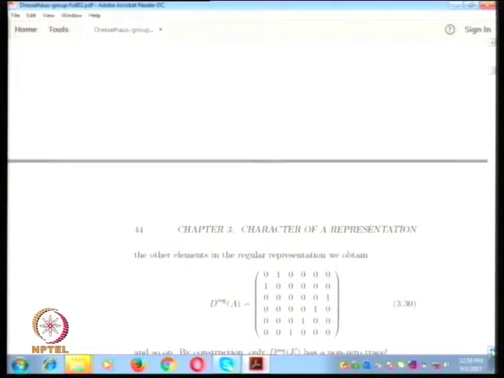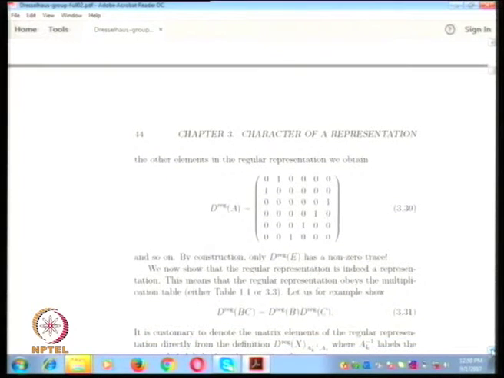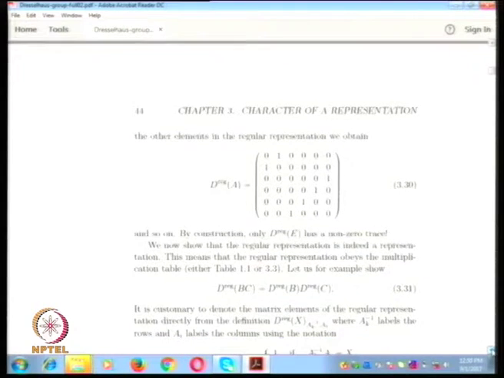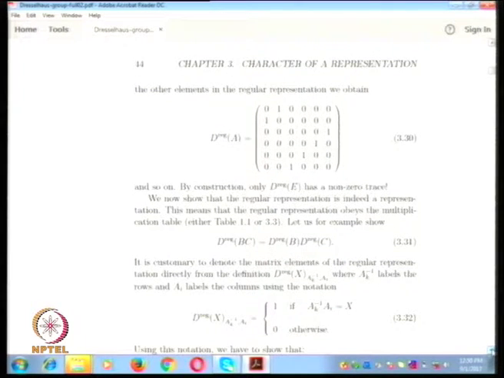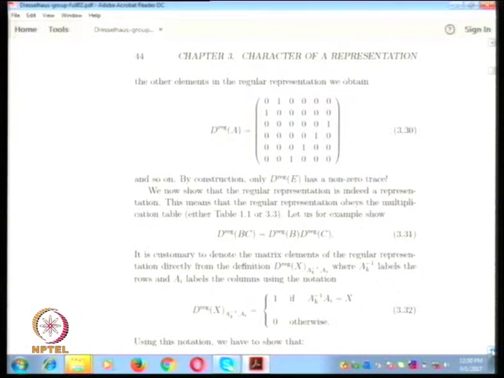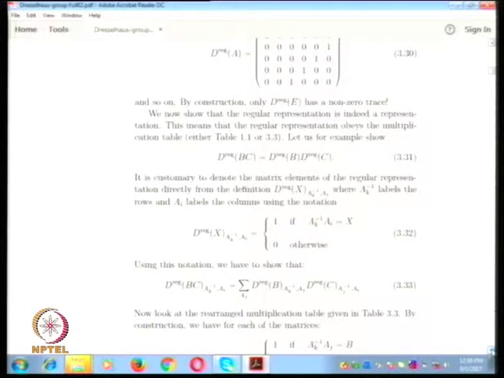So they write, for example, for A in the regular representation, it will look like this, with 1s there. By construction, only E has non-zero trace. Now they show that this is indeed a representation. That's not too much of a surprise; one can check that.